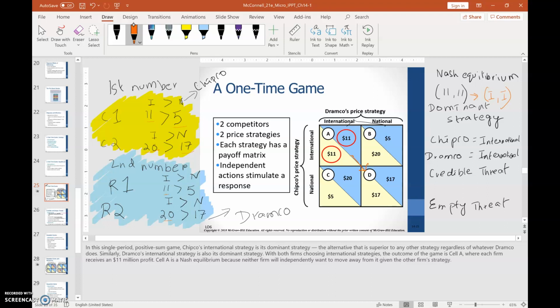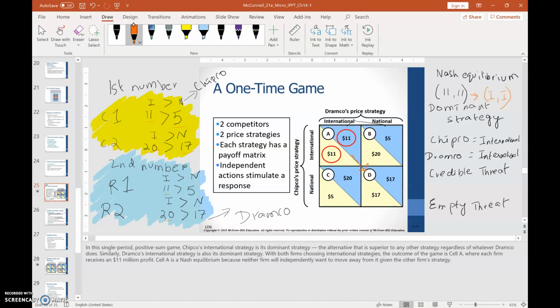Now say Chipko is the low cost producer because of its superior technology, and Chipko approaches Dramco saying that Chipko intends to use national strategy and expects Dramco to use national strategy as well. If Dramco does not really want to use that national strategy, Chipko will drive Dramco out of business.